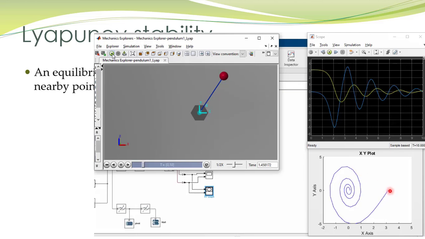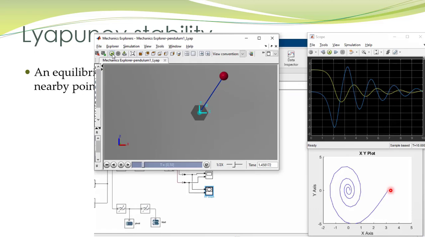And now the equilibrium point under consideration is in the upright position, that is the angular position equal to pi and angular velocity 0, which is somewhere over here, and the trajectories which started from near the equilibrium point did not stay near the equilibrium point, rather they have moved away from the equilibrium point. Therefore, this equilibrium point in upright position is an unstable equilibrium point.